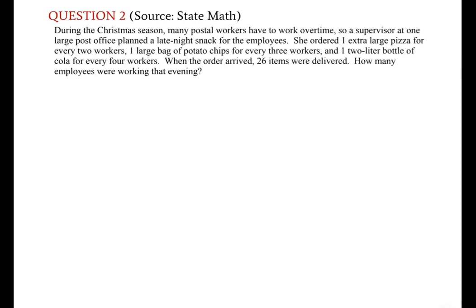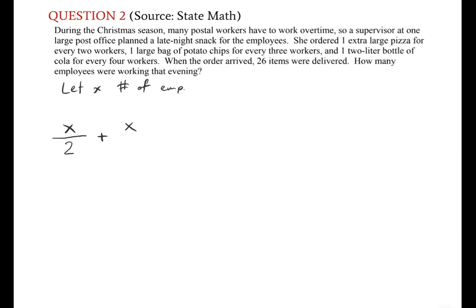So if we first let X be the number of workers, of employees, then we can write out an equation to solve for X. Since there were X employees working, and the supervisor ordered a pizza for every 2 workers, that means there will be X divided by 2 pizzas that are ordered.